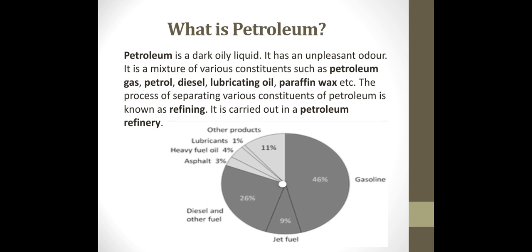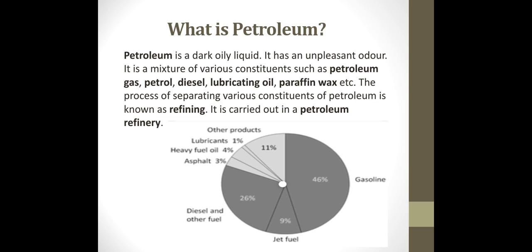The process of separating these constituents is known as refining, because we need to separate them, since all of these have different uses. And this process of refining is carried out in a petroleum refinery.